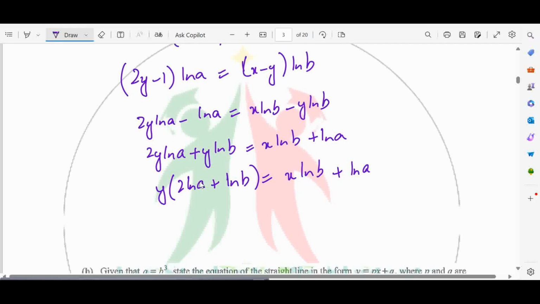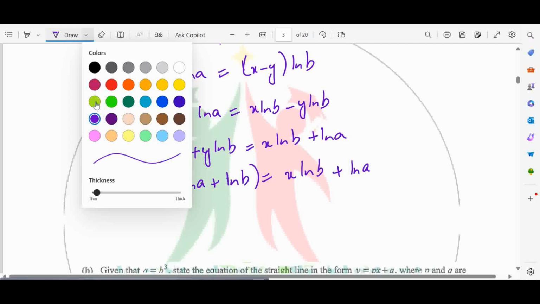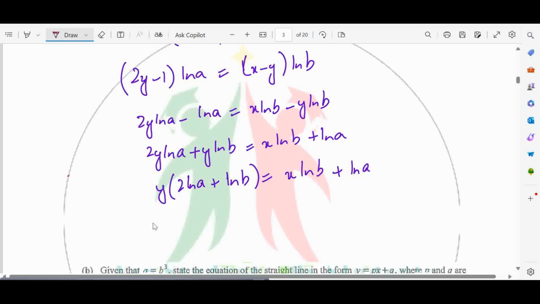And if we again rearrange it further, this will be y is equal to natural log of b divided by 2 natural log of a plus natural log of b, x, plus natural log of a divided by 2 natural log of a plus natural log of b.